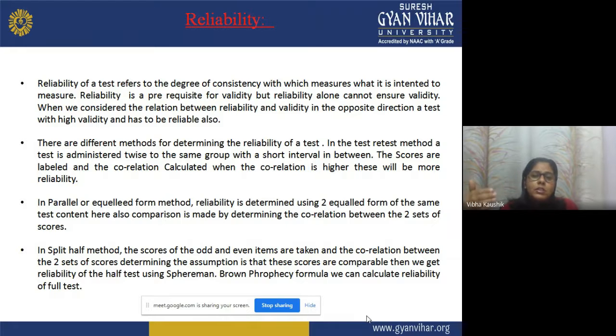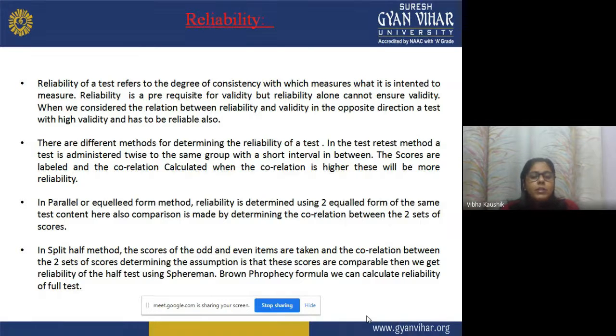First, third, fifth, seventh are the odd items, and 2, 4, 6, 8 are the even items. After getting the scores from odd items and even items, we have to establish a correlation. If the correlation between the odd items and the even items is higher, then we will say that reliability is there in that particular test.